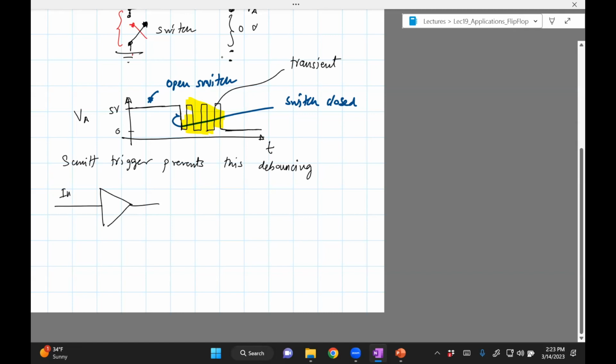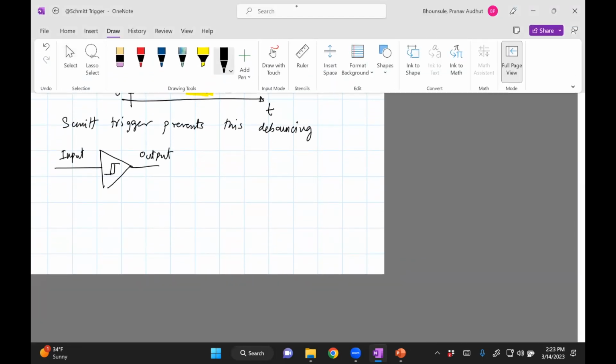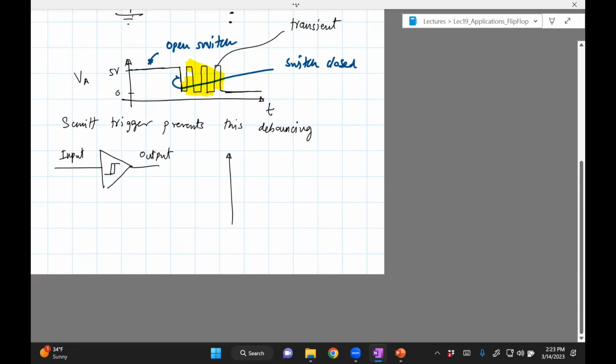This is the input. This is the output. And then there is a hysteresis loop shown inside the triangle. So what the Schmitt trigger does is the following. Let me draw a new page.